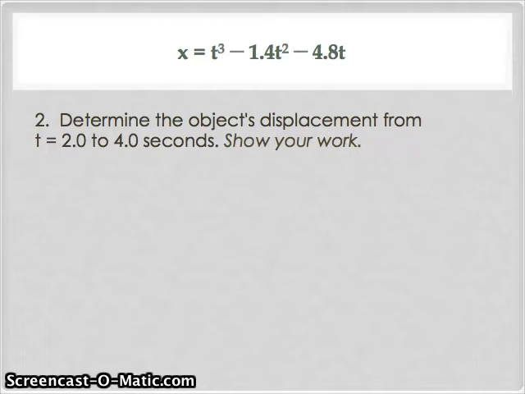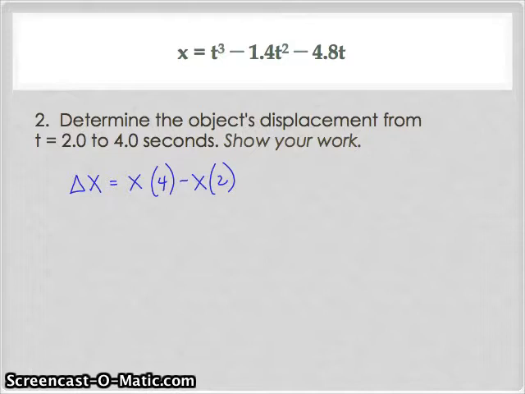So we can take this to the next step and talk about displacement. And recall that the word displacement means how far an object has come from its first position. So we are looking for the displacement between t equals 2 and 4 seconds. So we need to know where it was at 2 seconds and where it is at 4 seconds, and then just subtract those two positions.